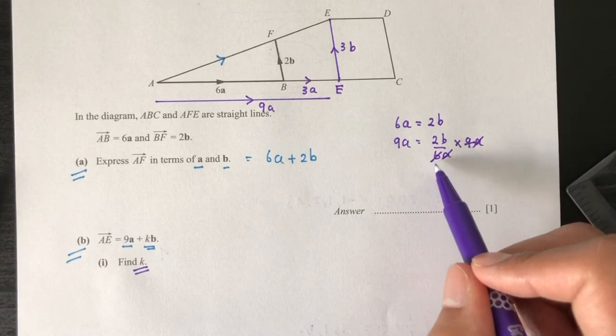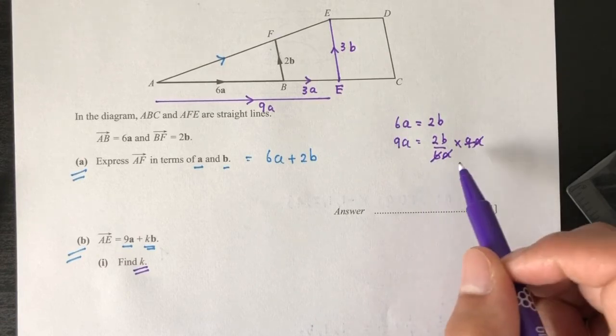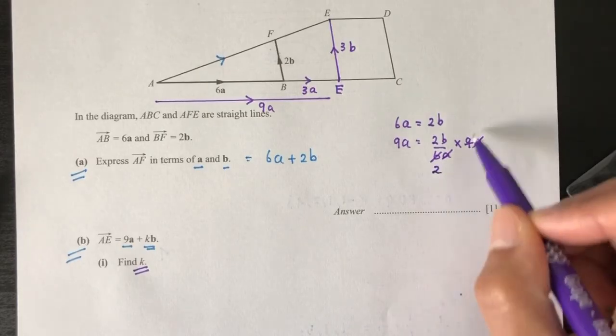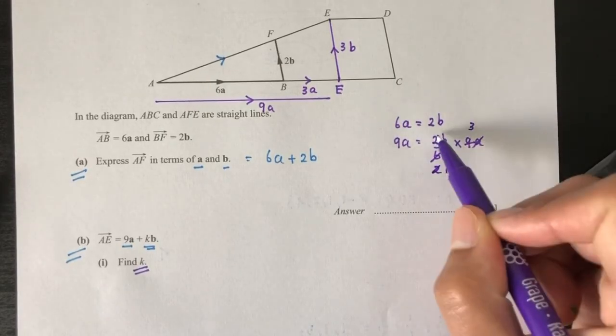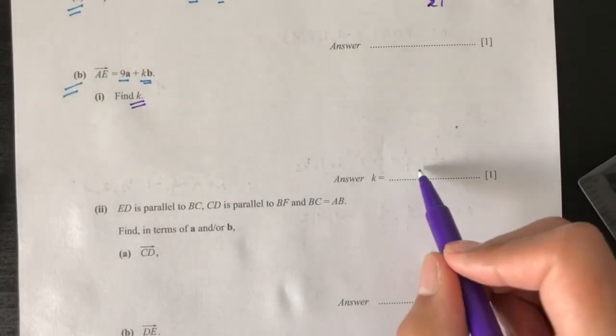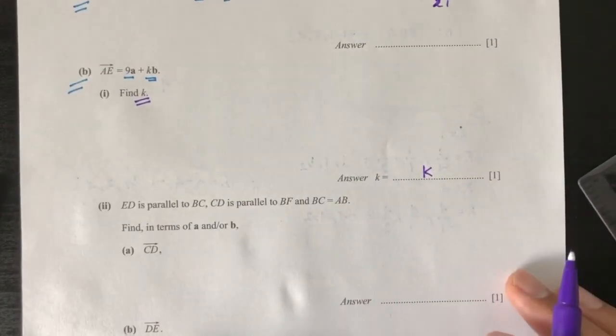That will be divided by 3. Should be 3 is 2. That should be 3, 1, 1. That should be 3B. So K will be 3. That's how you find the value of K. Okay, that is for part B.